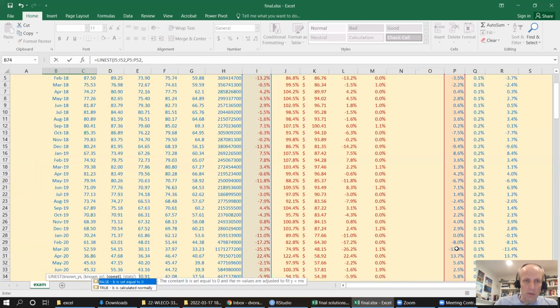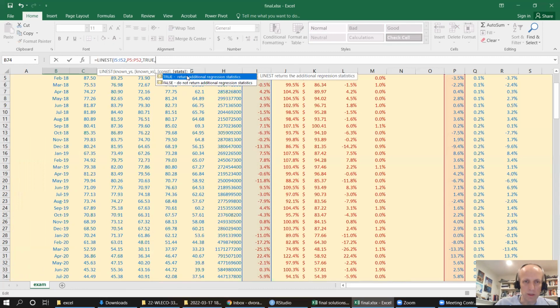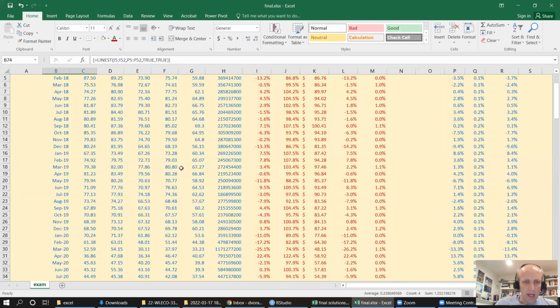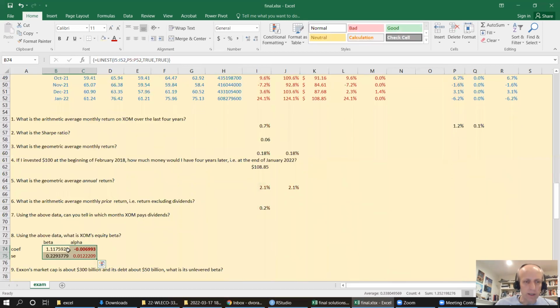And we want TRUE because we want it to calculate the intercept, and we want TRUE because we want these additional regression statistics. We're going to close the parentheses, Control Shift Enter, and it should give us beta and alpha. We see beta is about 1.12.